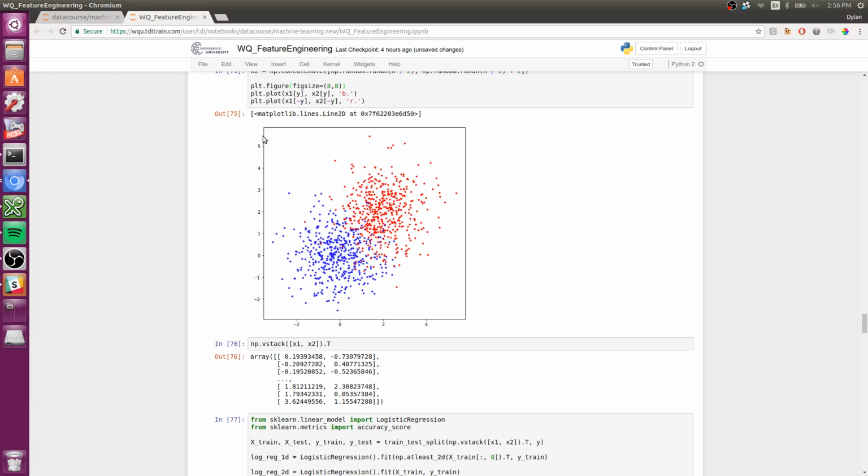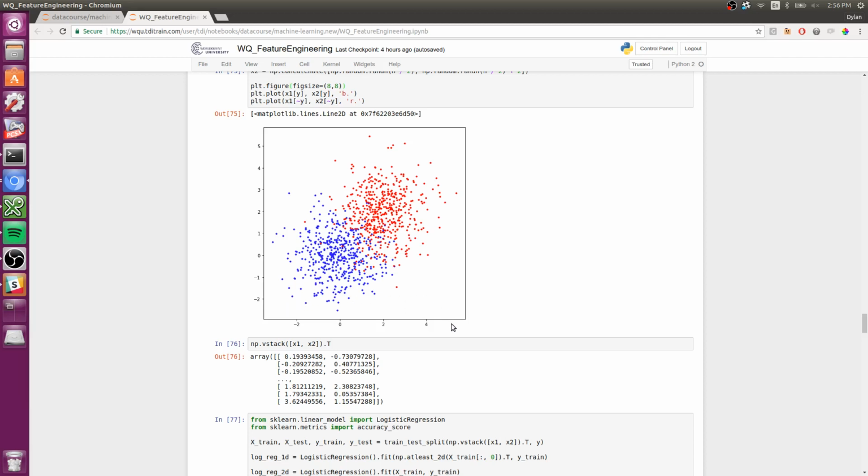I would want to draw a line from the upper left to the lower right, passing through this region of overlap, and it would be perpendicular to a line connecting the centers of the clusters. So that would most cleanly separate them.